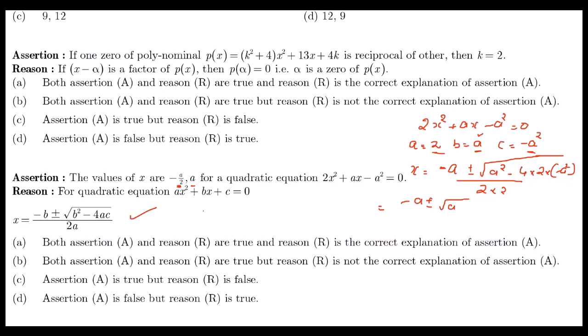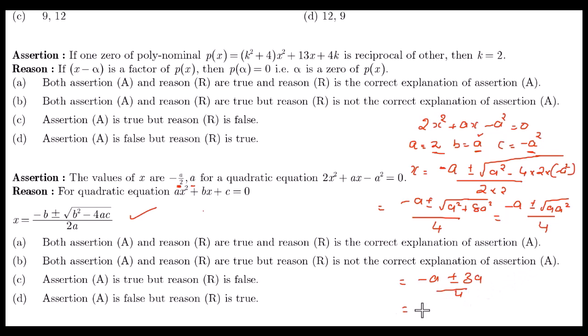plus 2 4s are 8, 8a square by 4. That is equal to minus a plus or minus root of 9a square by 4. That is equal to minus a plus or minus root of 9a square is 3a upon 4.